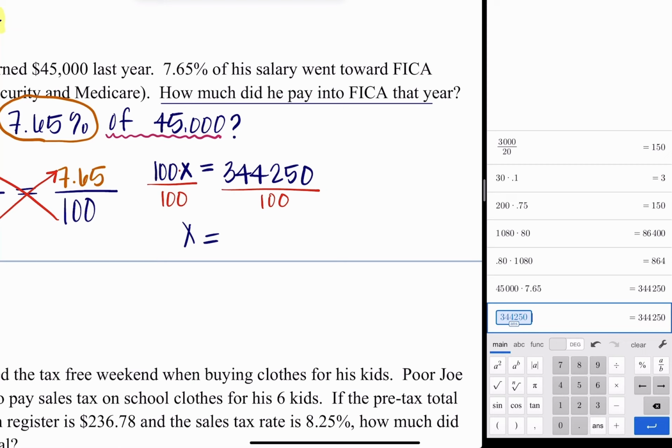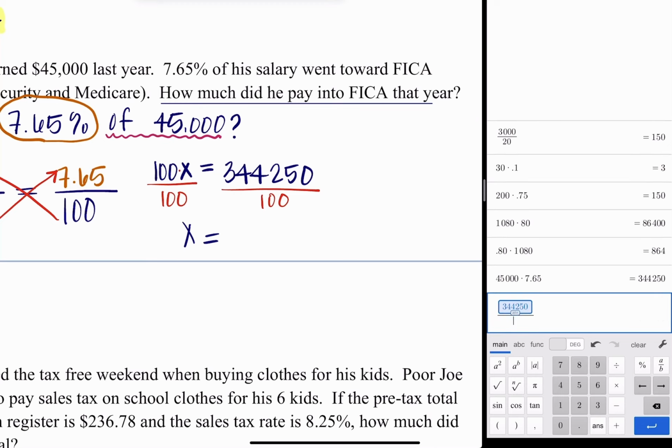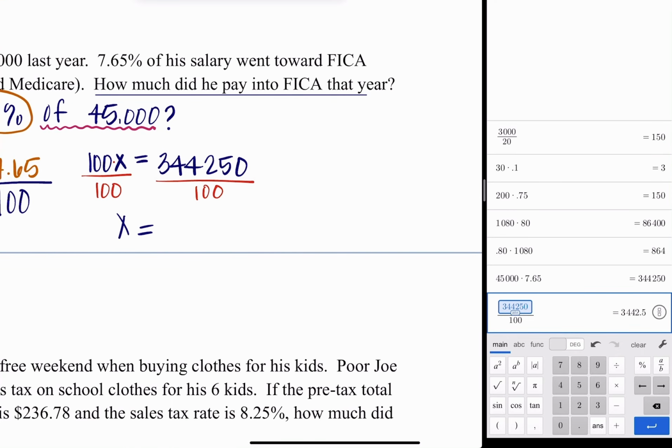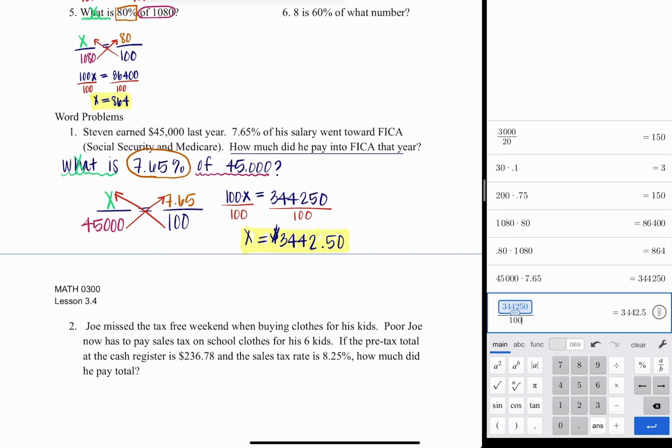It's down by the plus sign, and it'll bring in your original answer. So this guy, what's his name? Stephen. Stephen is going to have $3,442.50 out of his paycheck for the year go toward FICA taxes. Theoretically, he'll get it back when he retires.